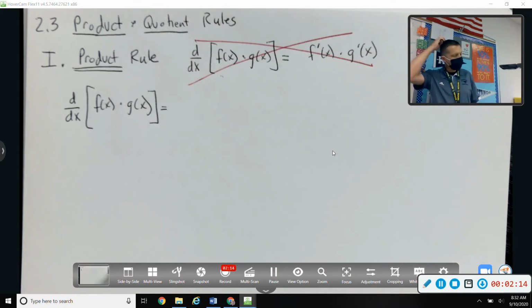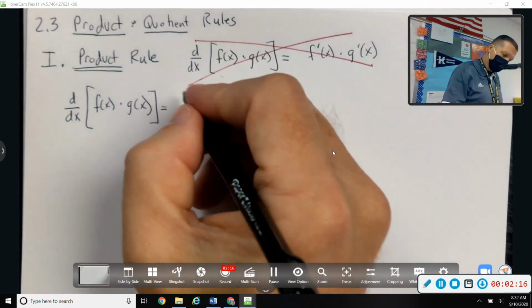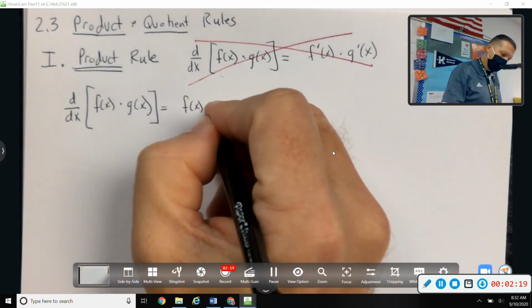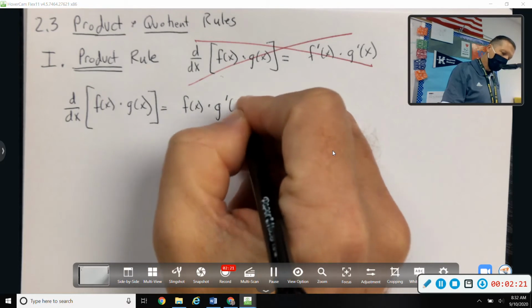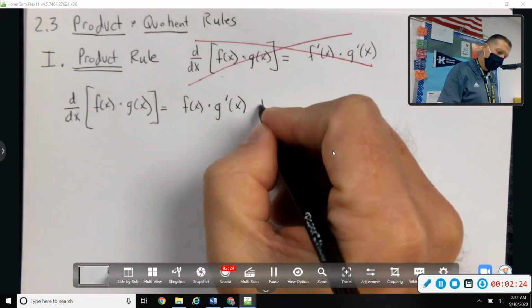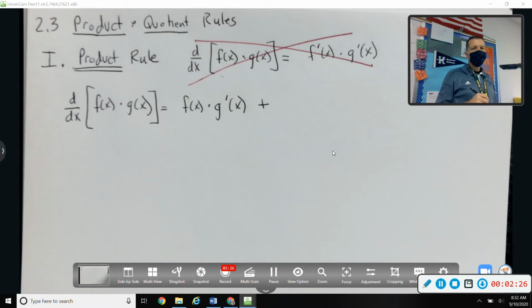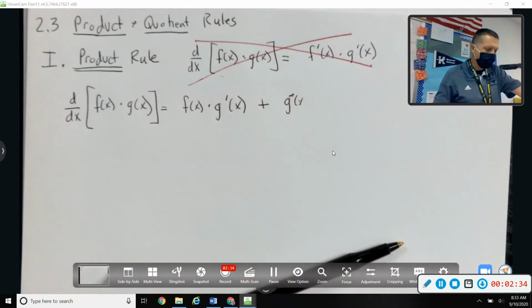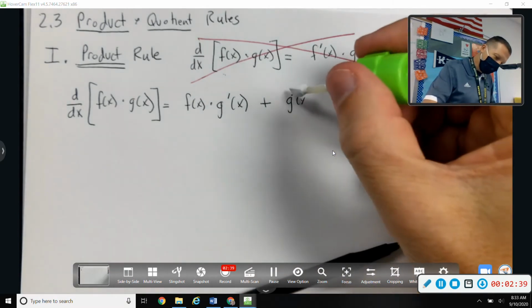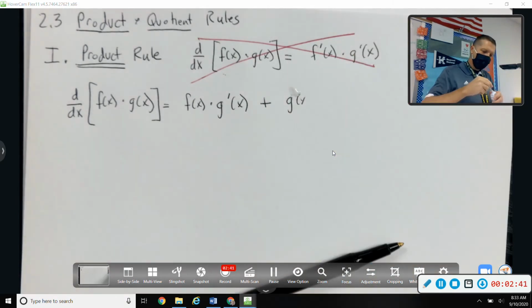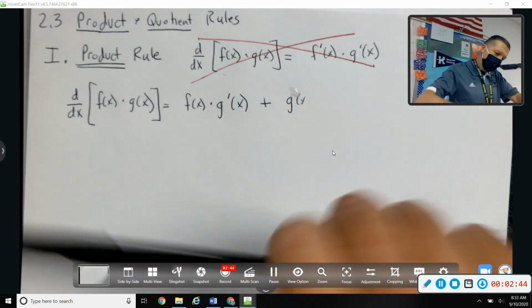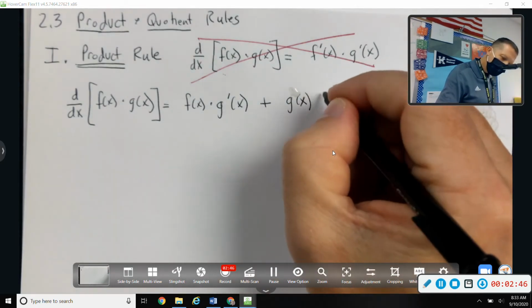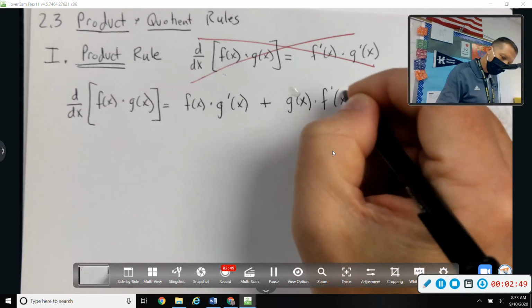The derivative of f times g is f of x times g prime of x, plus the other way around, g of x times f prime of x.